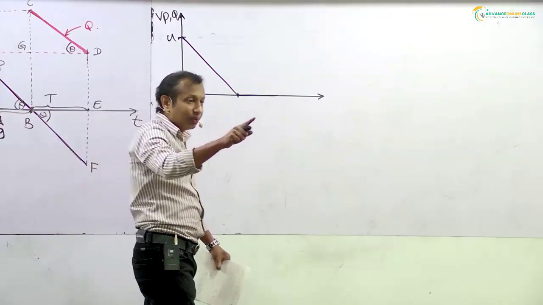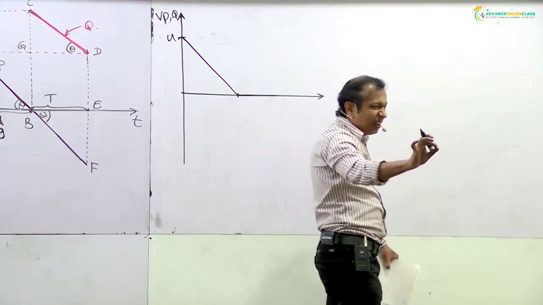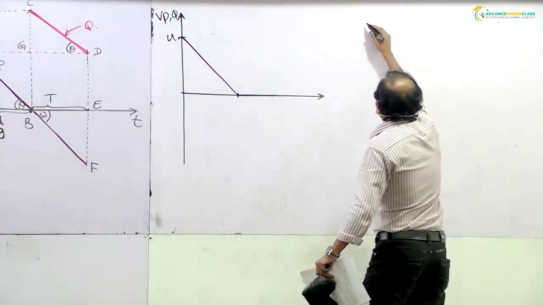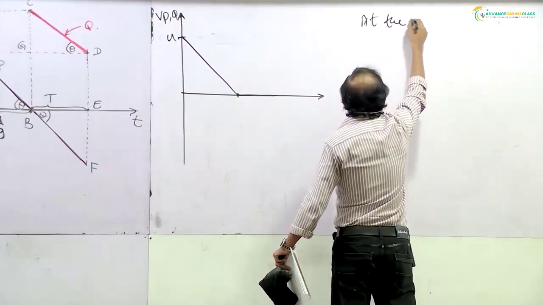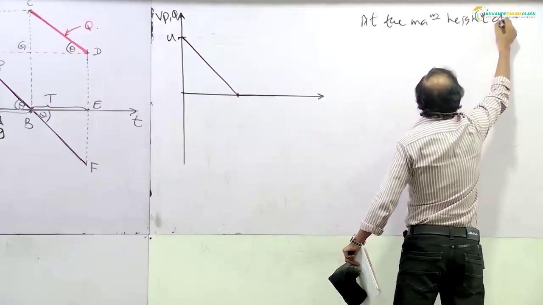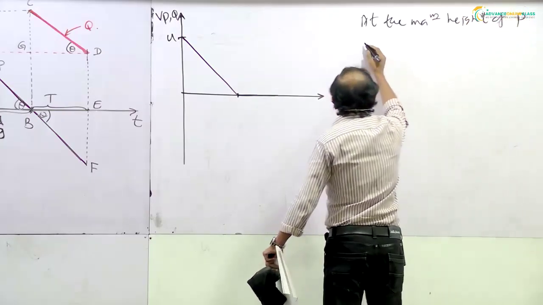Acceleration of P relative to Q is 0. All right. Now, another one more. At the maximum height of P.